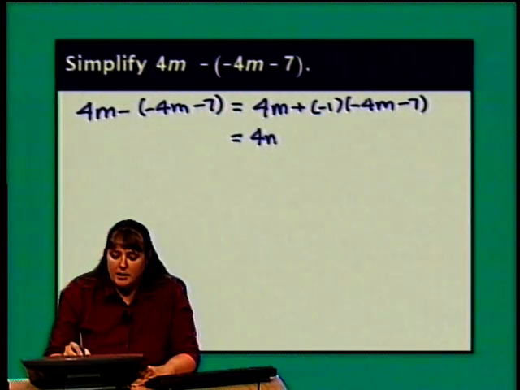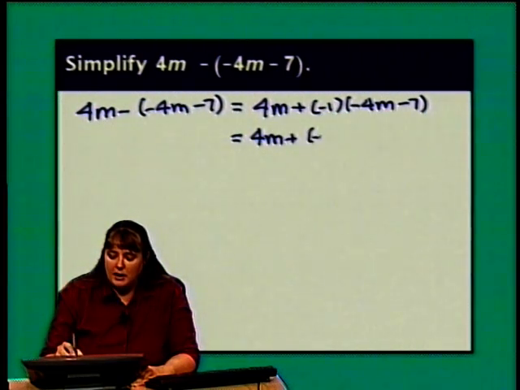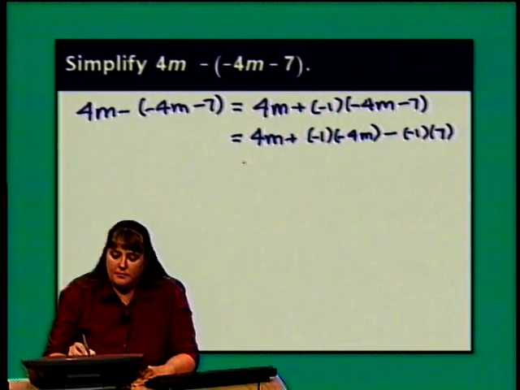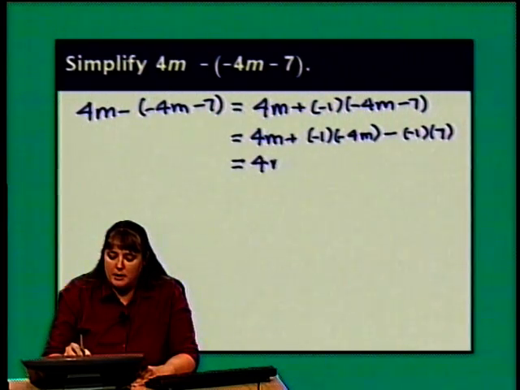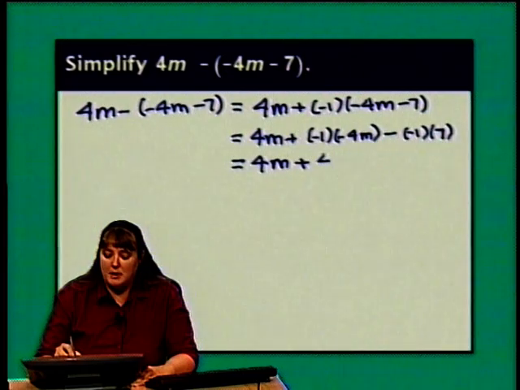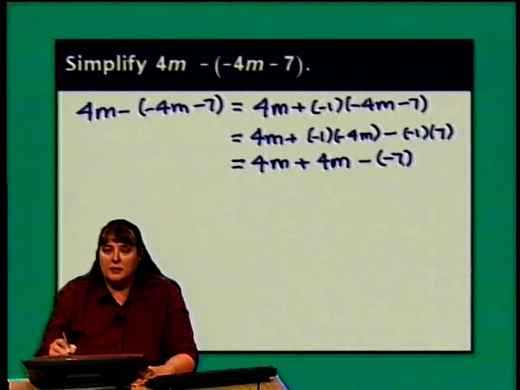So I have 4m plus negative 1 times negative 4m minus negative 1 times 7. So I have 4m plus negative 1 times negative 4m is positive 4m, minus negative 1 times 7 is negative 7.